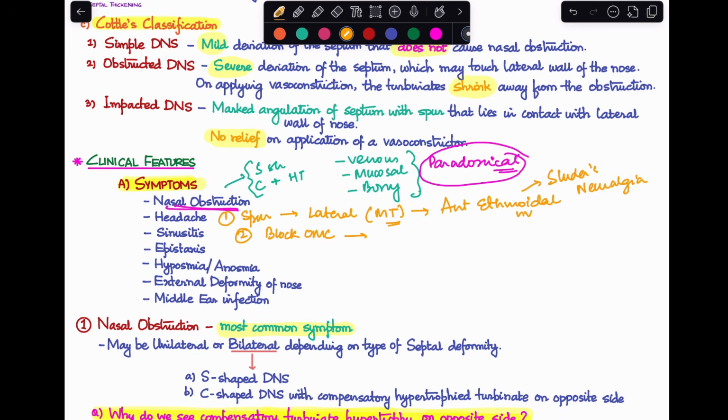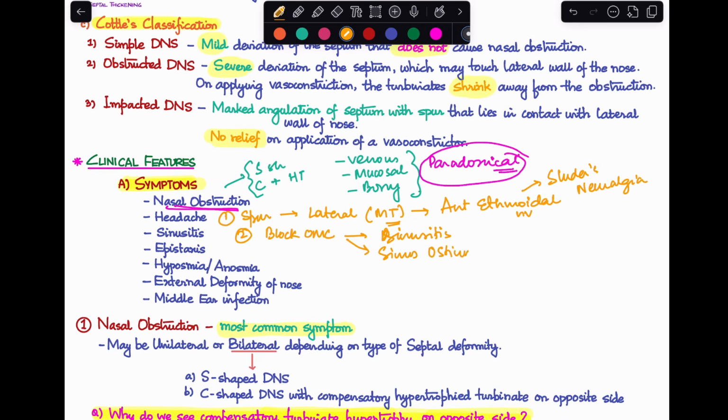So when the sinuses get blocked because of the osteomeatal complex being blocked, we have a blockage in the drainage of the sinuses. This leads to the development of sinusitis, and hence you'll have headache as a result of sinusitis. Third reason: because the osteomeatal complex has gotten blocked, we know that the sinus ostium is blocked.